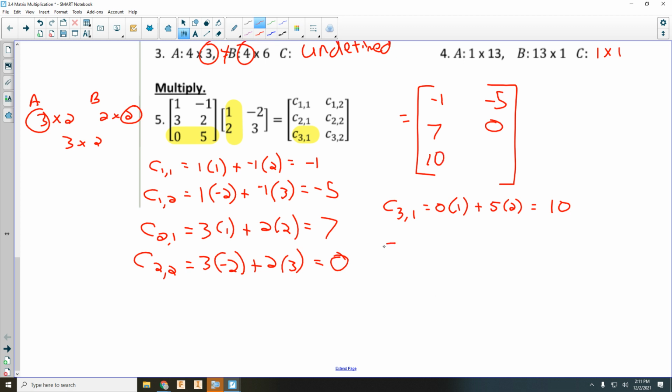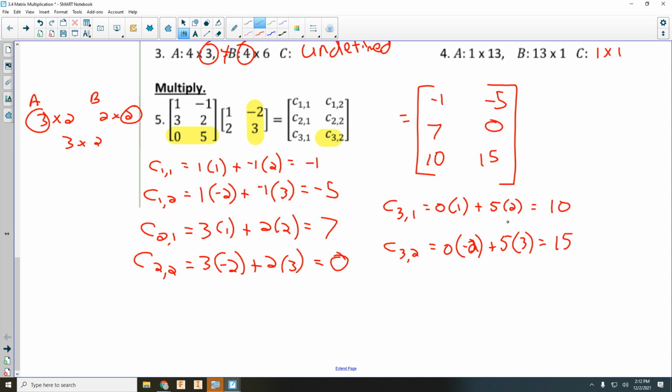And then C32: 0 times -2, plus 5 times 3. Still multiplying by 0, so that'd be 15.